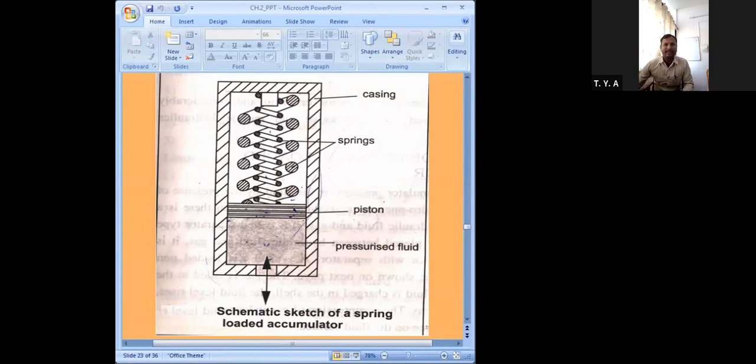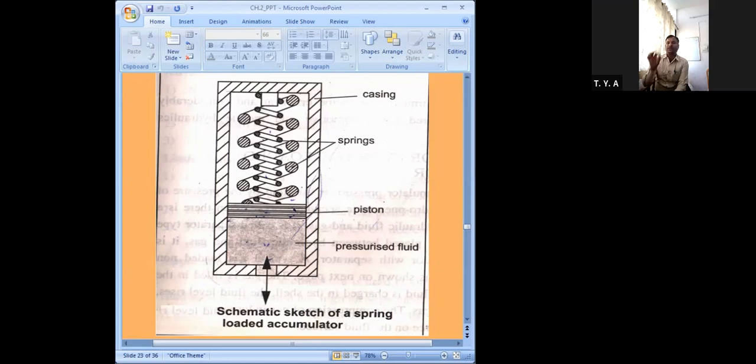And that time, from the upward position where the piston is, the spring load will apply, and the pressurized fluid is going to be exerted from this port, getting it? That is the basic working principle of the spring loaded accumulator.